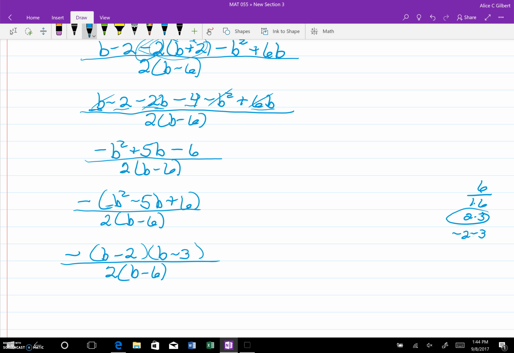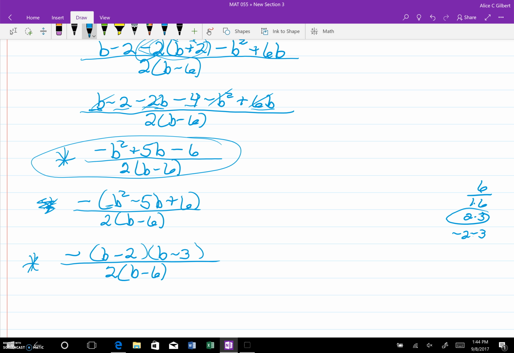Nothing I can cross cancel, so that actually means I can leave my answer this way. You could leave it this way too, but that's not usually how we would do it. I would leave it either this way or this way after you have factored it completely.